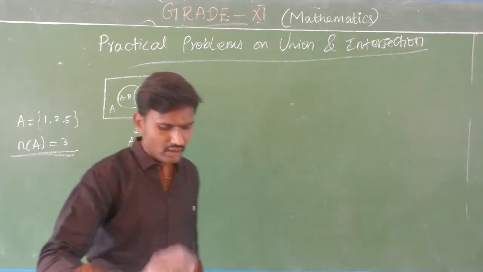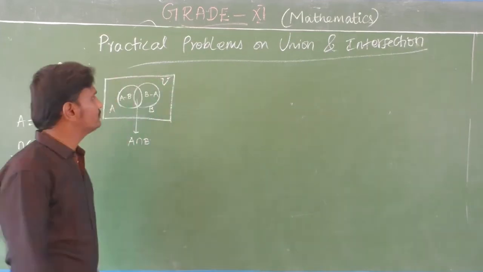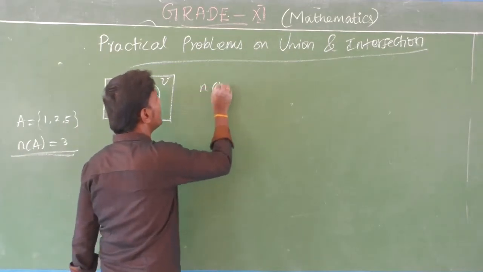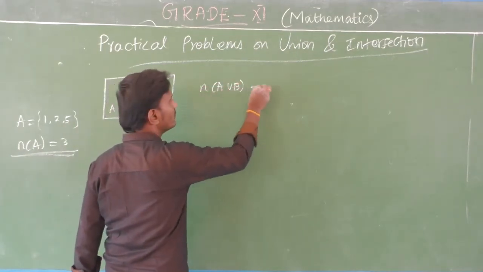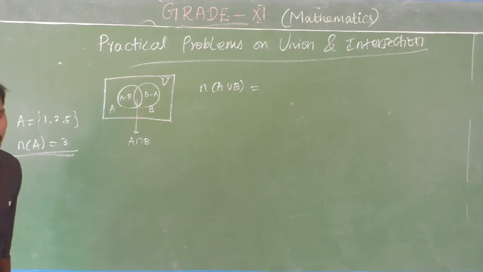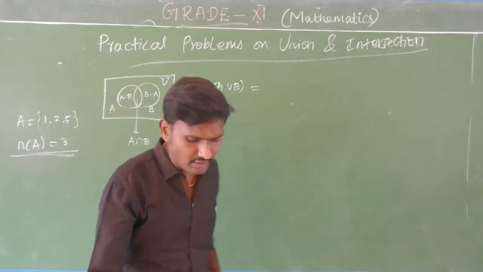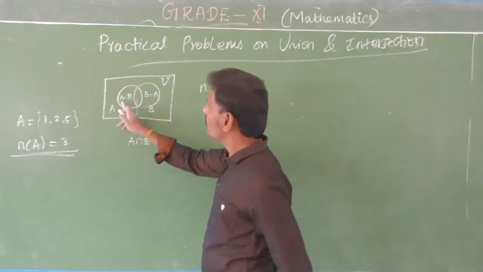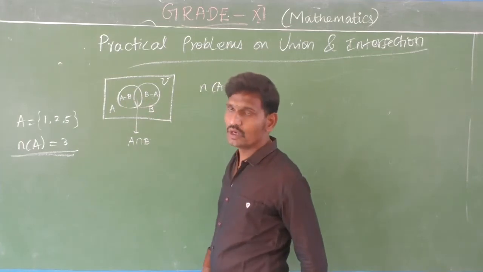See page number 21. Now I am going to take n of A union B. Okay. So n of A union B is very simple. First we want to add three things. What are they?